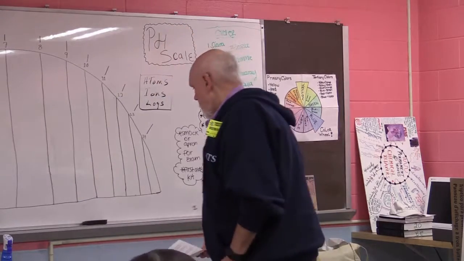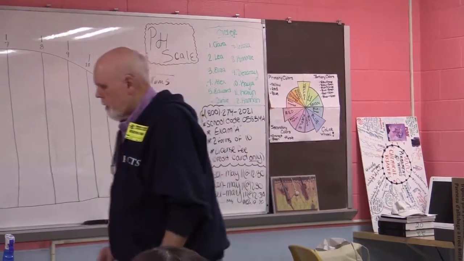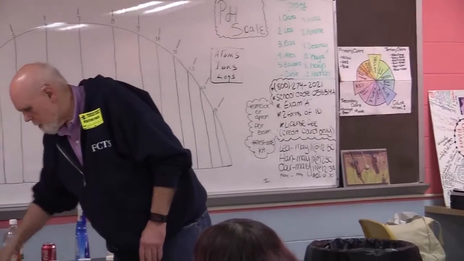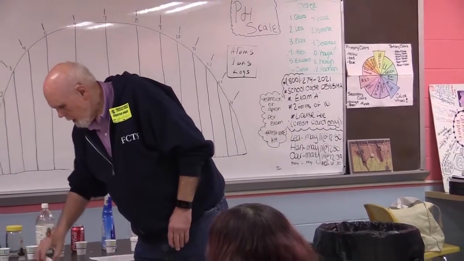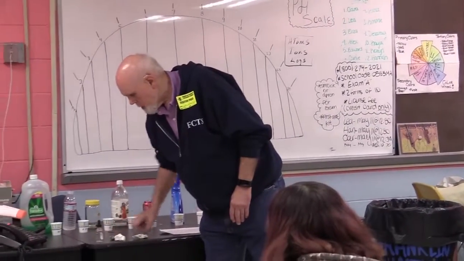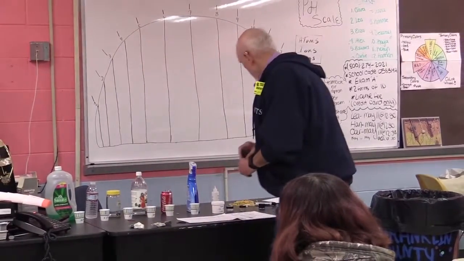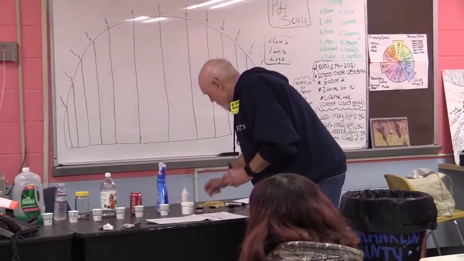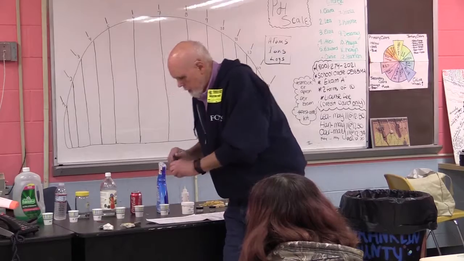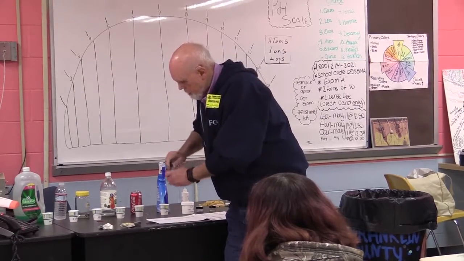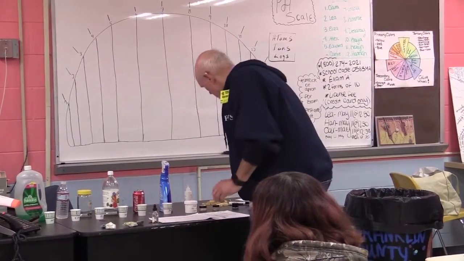Another thing I wanted to show you is a little bit about acid reactions. Here I have some hydrochloric acid. It's not terribly strong. It's probably about the strength of vinegar. And this is universal pH paper.